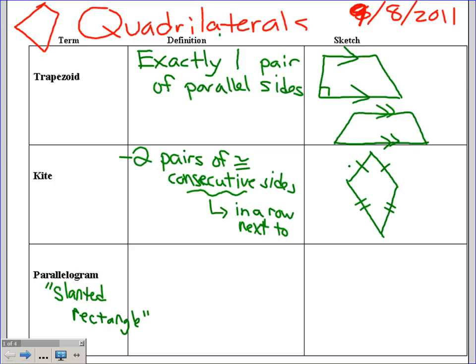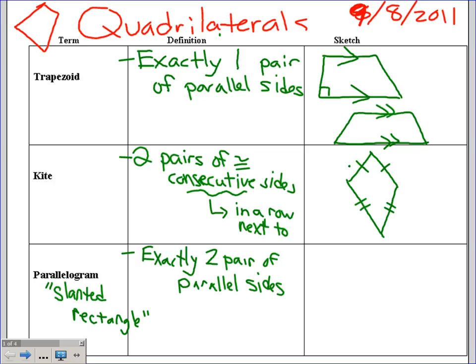Unlike the trapezoid, which has exactly one pair, a parallelogram has exactly two pairs of parallel sides.